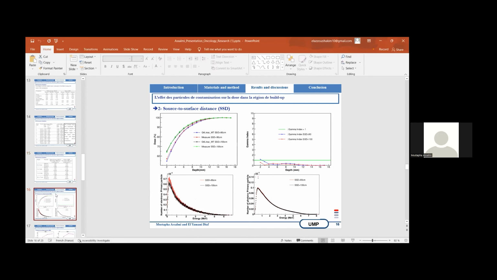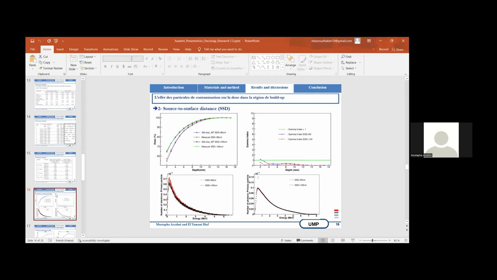So we pass now to the second case, the source-to-surface distance SSD. The figure shows the depth dose comparison at two source-to-surface distances, 90 and 100 centimeters. So we compare the effect of 10 centimeters of air on the appearance of contamination particles. The gamma index shows that the divergence is high for the distance of 90 centimeters.